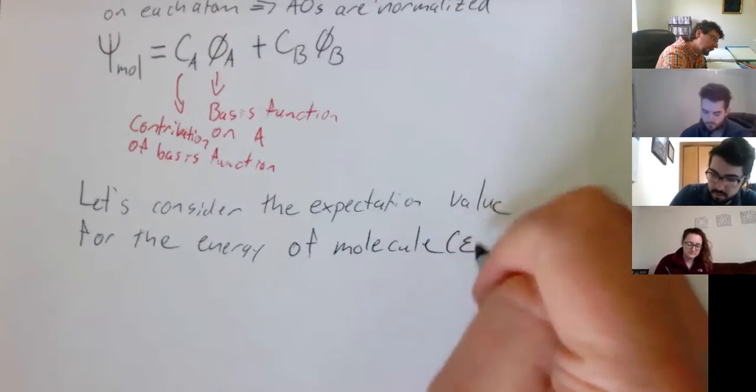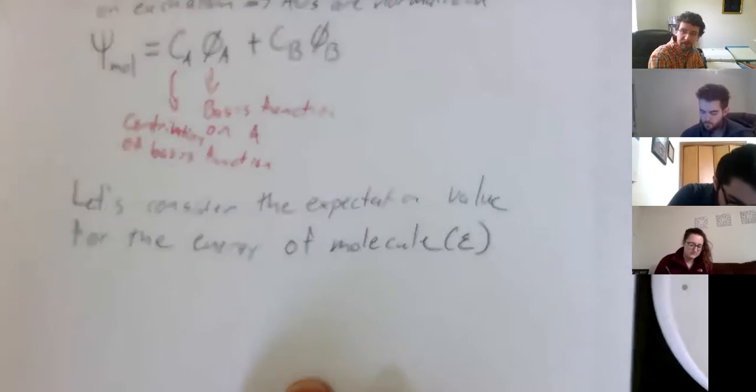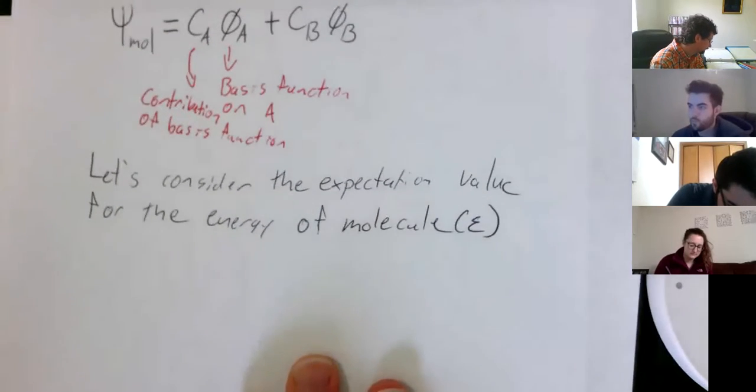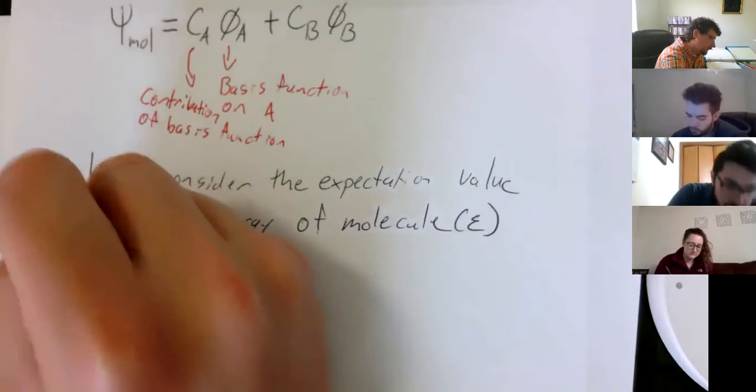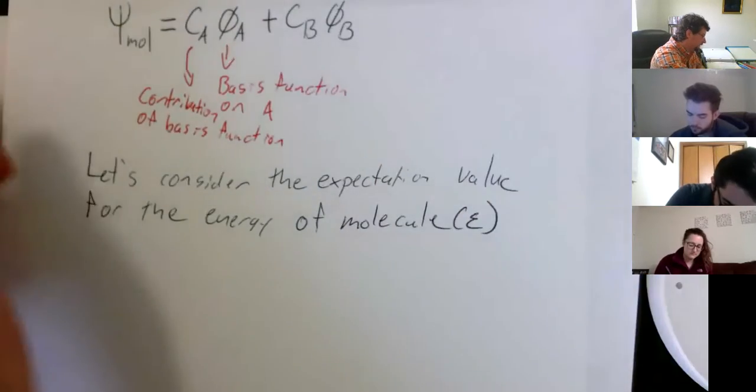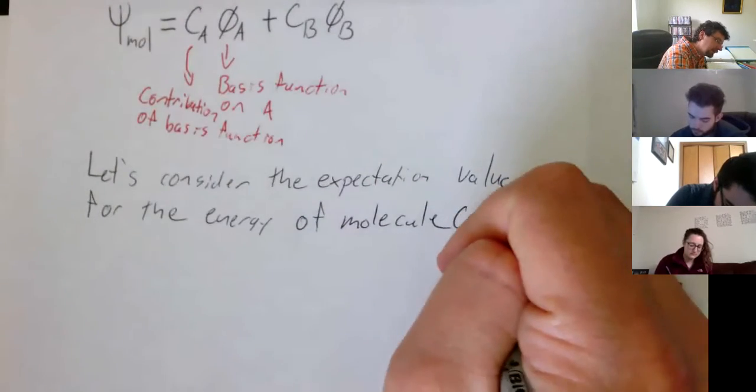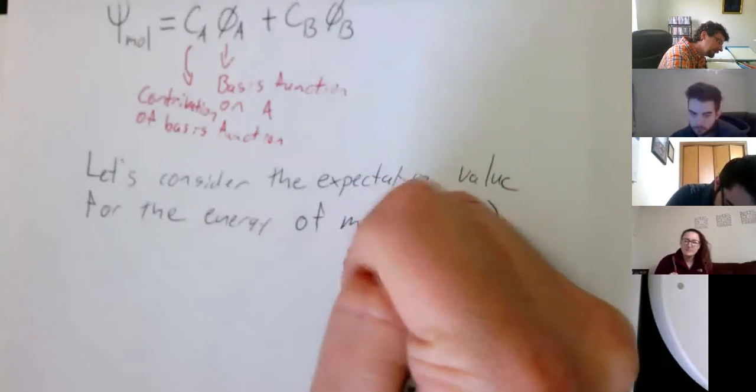And we're going to put that energy as epsilon. And what E is, this is the energy of the approximate wave function.